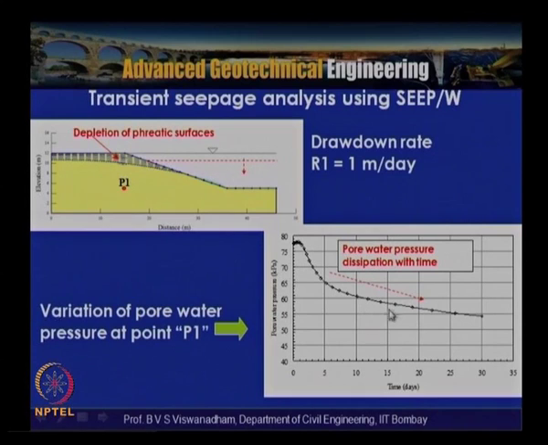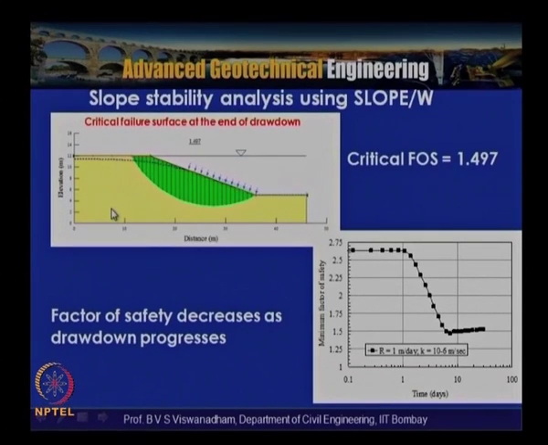So the pore water pressure dissipates with time, as can be seen from this particular slide. Now the stability analysis using SLOPE/W for that case gives a critical factor of safety equal to 1.497, with permeability of 10 to the power of -6 meter per second and a drawdown rate of 1 meter per day, that is the drawdown rate is nothing but the height of water depleted per unit time.